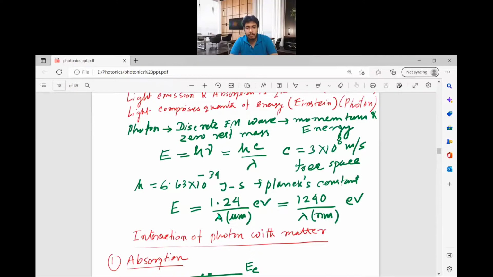If you want lambda in nanometers, it will be 1240 by lambda electron volts. So if you know the wavelength of the photon, you can get its energy, and if you know the energy of the light, you can find the wavelength also.